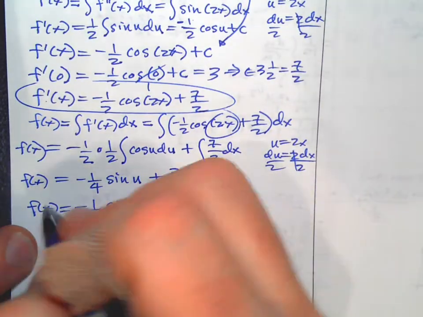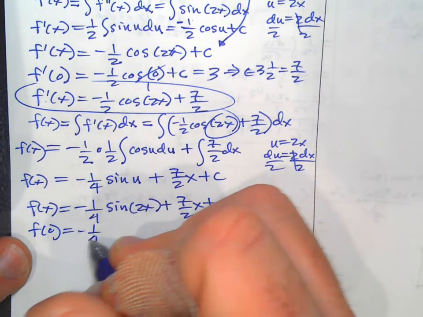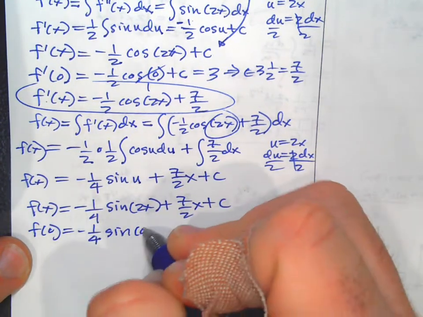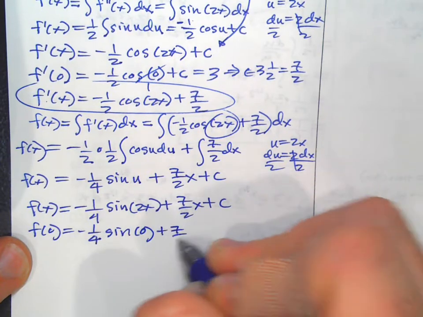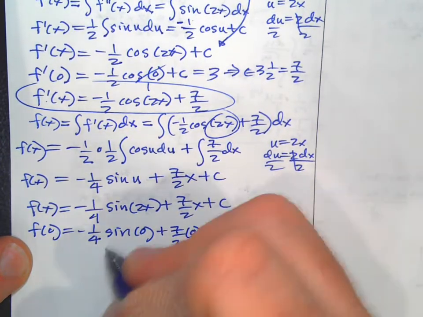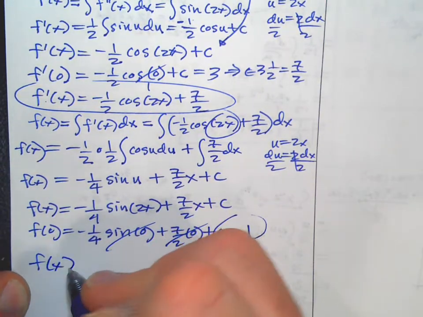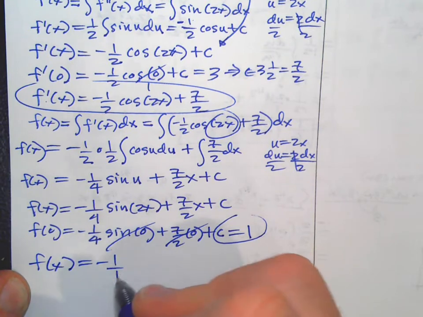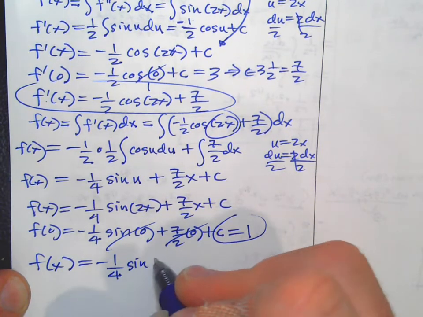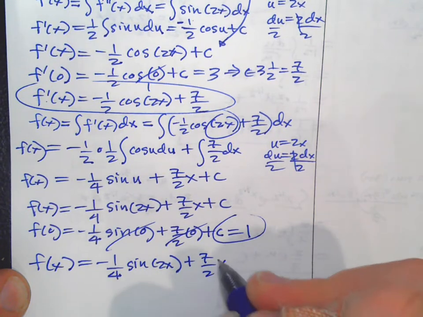So let's use the initial condition. If you plug 0 in, you should get 1 out. And these all go away, so c equals 1. So your final answer, f of x, equals negative 1/4 sine 2x plus 7/2 x plus 1.